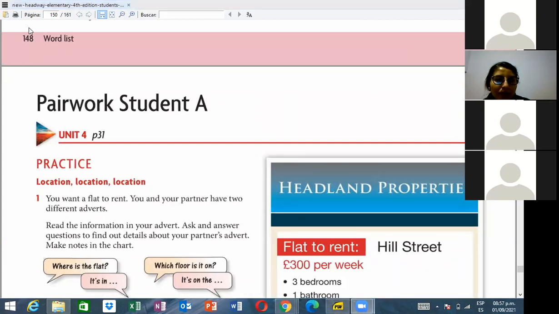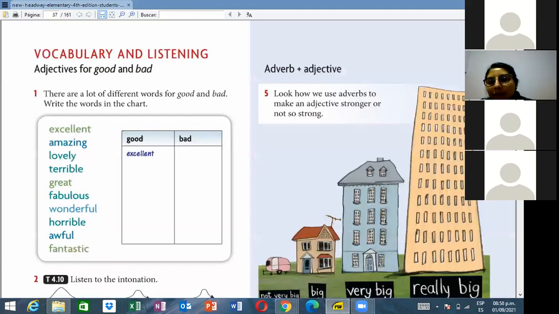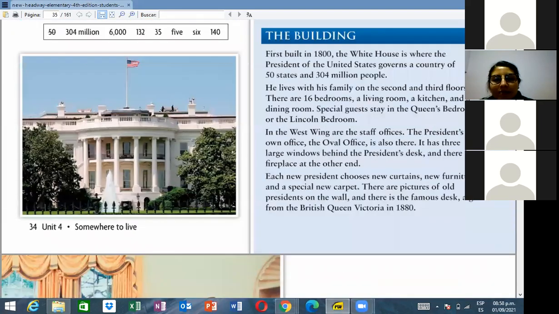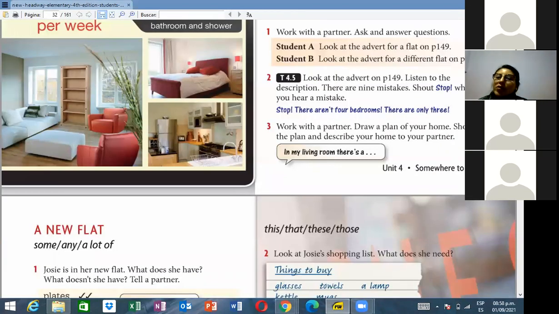Let's go back, please. Okay. We did. Now, exercise number 3. Work with a partner, draw a plan of your home, show the plan and describe your home to your partner.